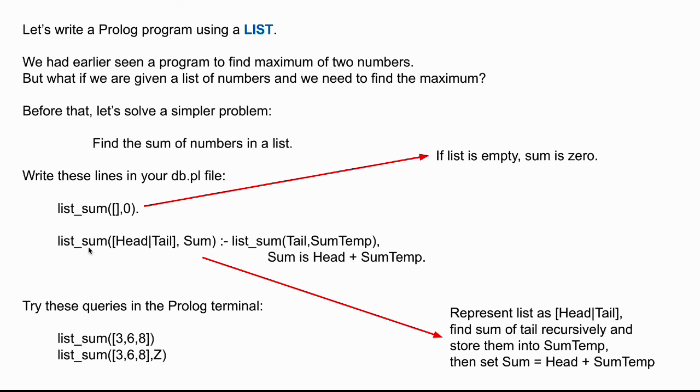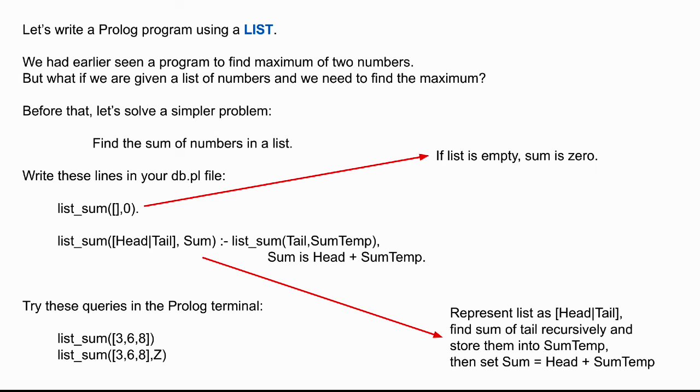There are just two lines that you need to write in your db.pl file. One is list_sum, this is the name of the function. It has an empty list comma 0 dot. So what does it say? It says that if the list is empty, then the sum is 0. Remember that in Prolog you do not have a separate return function.